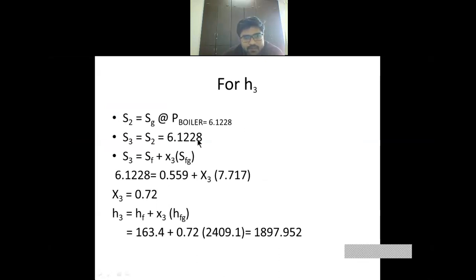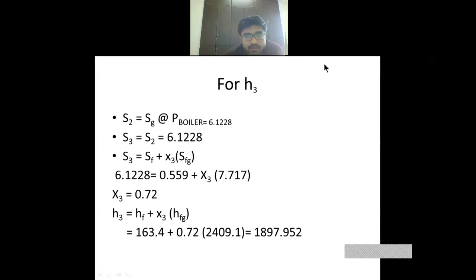So S3 is equal to S2. Okay. Then S3 is equal to Sf plus X3 into Sfg. Now the only unknown here will be X3, so you can easily find X3.